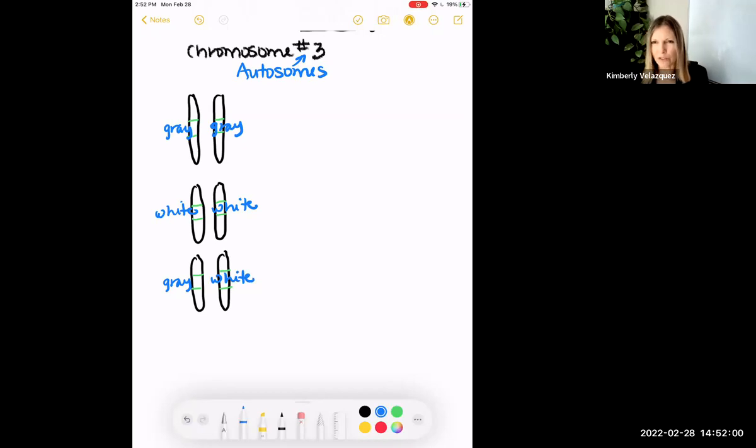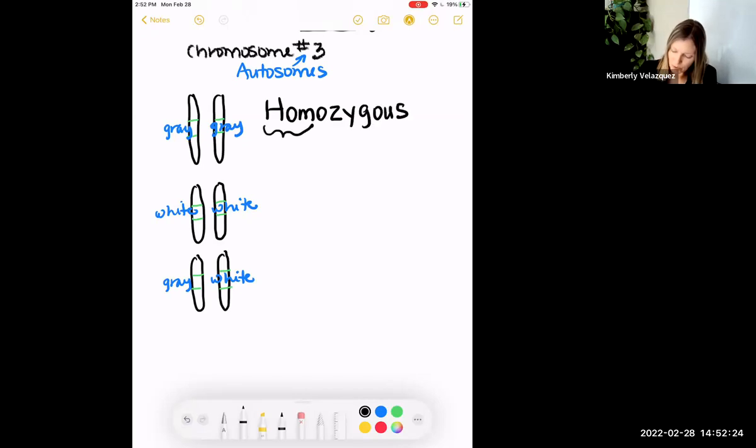There are terms associated with that, so you know what 2 alleles that rabbit inherited. If a rabbit or any individual has 2 of the same version of a gene, they are called homozygous for that trait. This term homo means same. And zygous is referring to the zygote, or that very first cell that formed when egg and sperm came together.